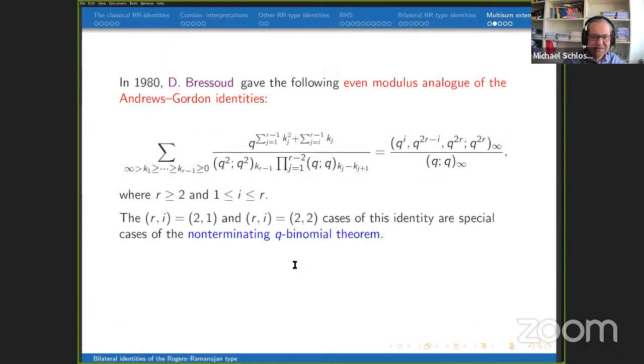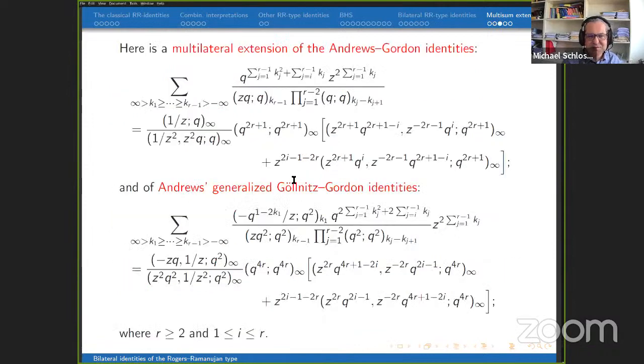You can more or less think of replacing that q by zq or zq squared, and you can naturally go in two directions. And remarkably, on the right-hand side, you still have just two terms and not r plus two terms, r plus one terms, or I don't know what. So it's not dependent on the number of summation indices you have.